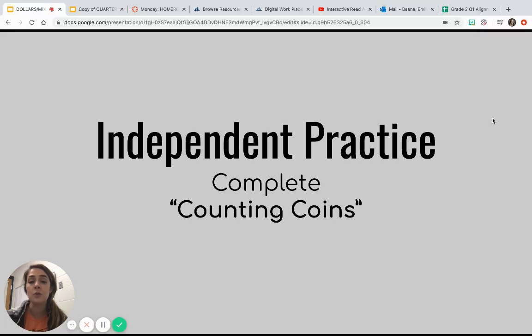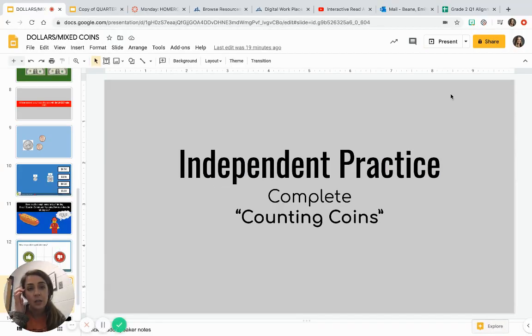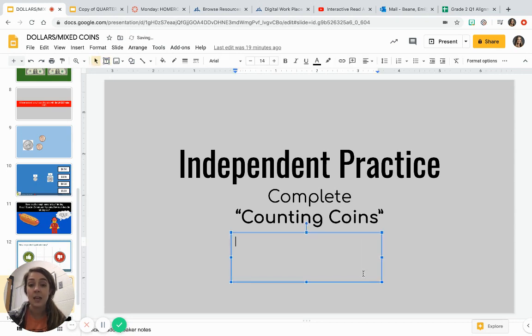And I want you to write all your answers using the $ sign. Okay, so I don't want any more cents. If your answer for counting coins page is 25 cents, well then I want you to write $0 because I don't have any dollars in 25 cents, decimal point 25.